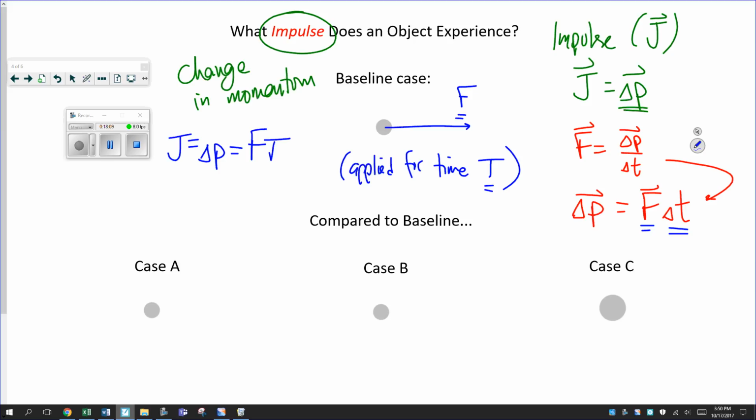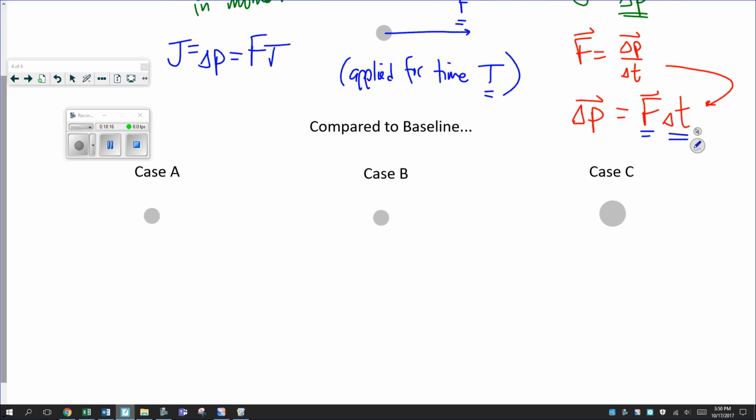So let's compare some other cases to that. Let's say here's one that gets a force F over 3, but it's applied for twice as long. How much does this object's momentum change compared to the baseline case?